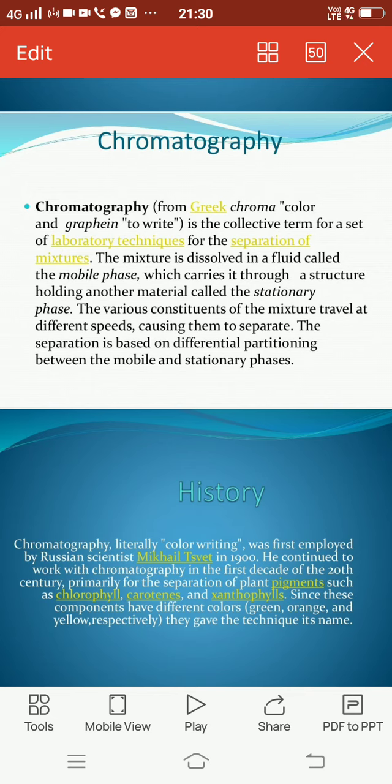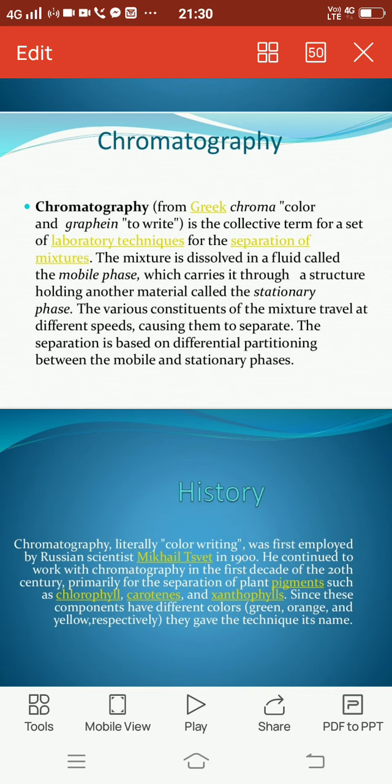Some terms related to chromatography are as follows. Solvent: the chemical reagent used to dissolve substances is known as a solvent. Another term is solute, which refers to the substance that is dissolved in the solvent. The other two terms are the stationary phase and the mobile phase.